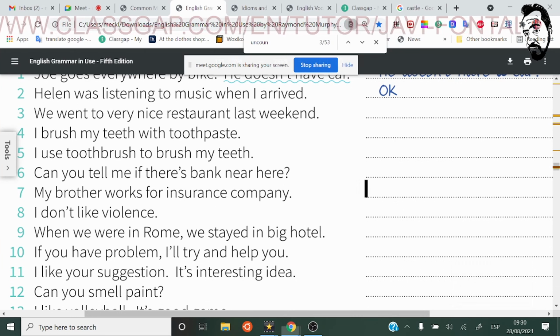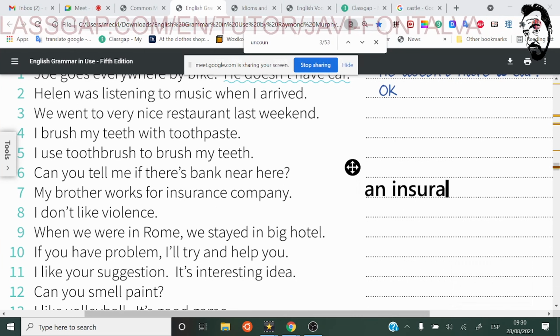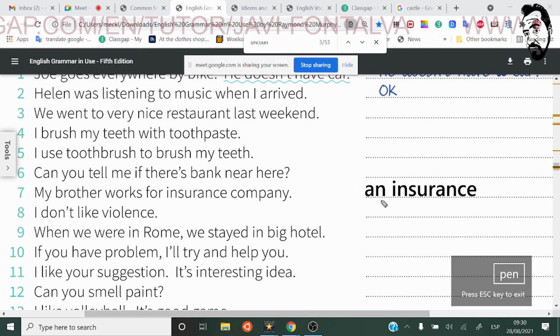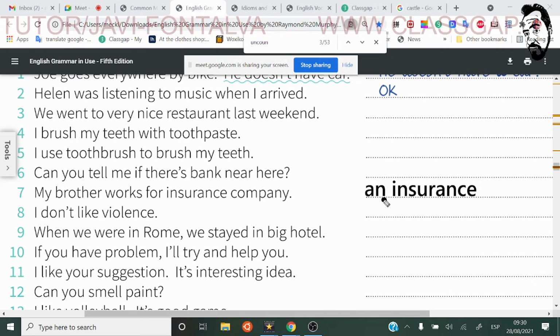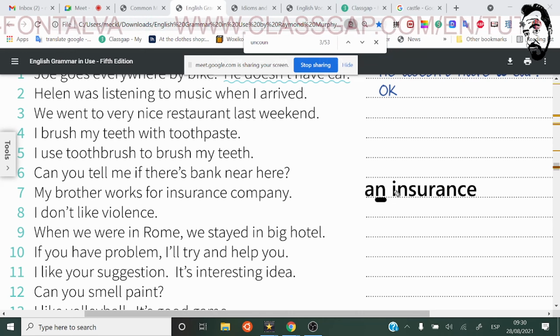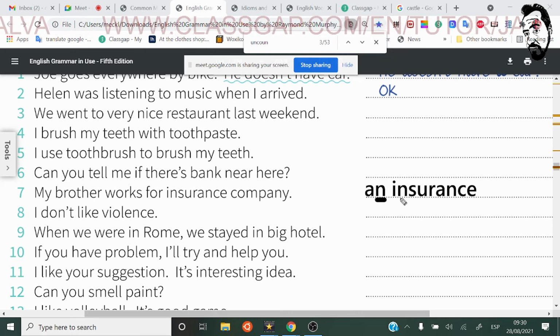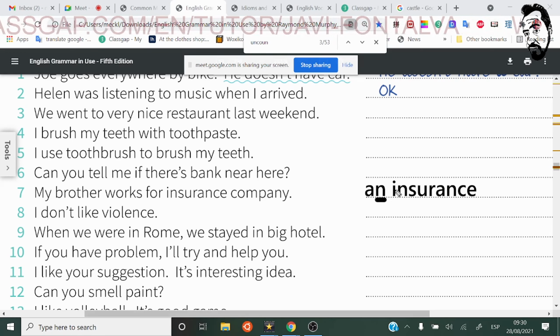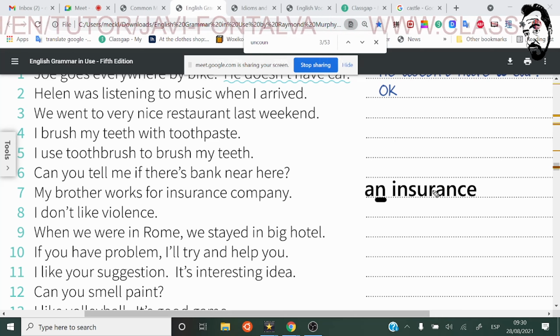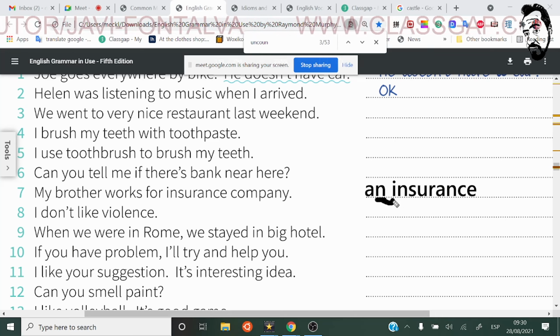If you notice here, I use an N. The reason why I use this is because the next word starts with a vowel sound. Every time you have a vowel sound at the beginning, you need to use this N. So an insurance, it goes together.